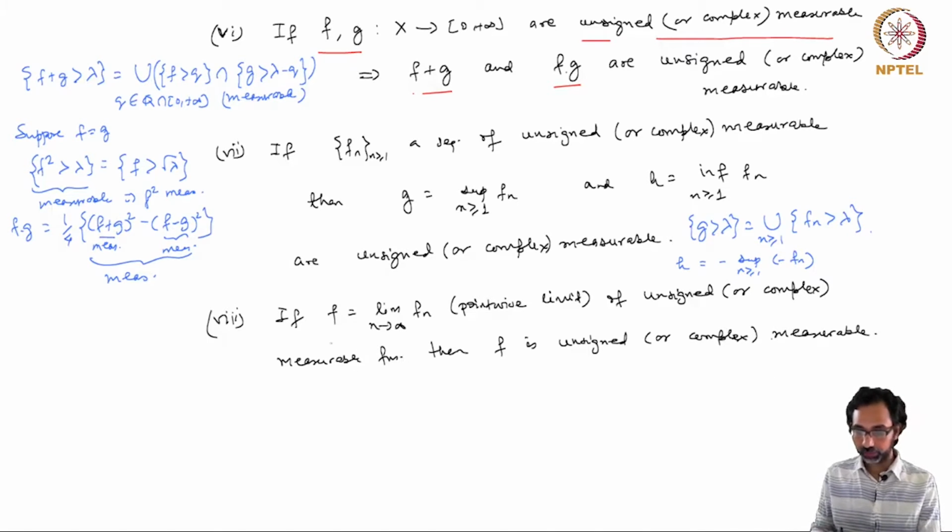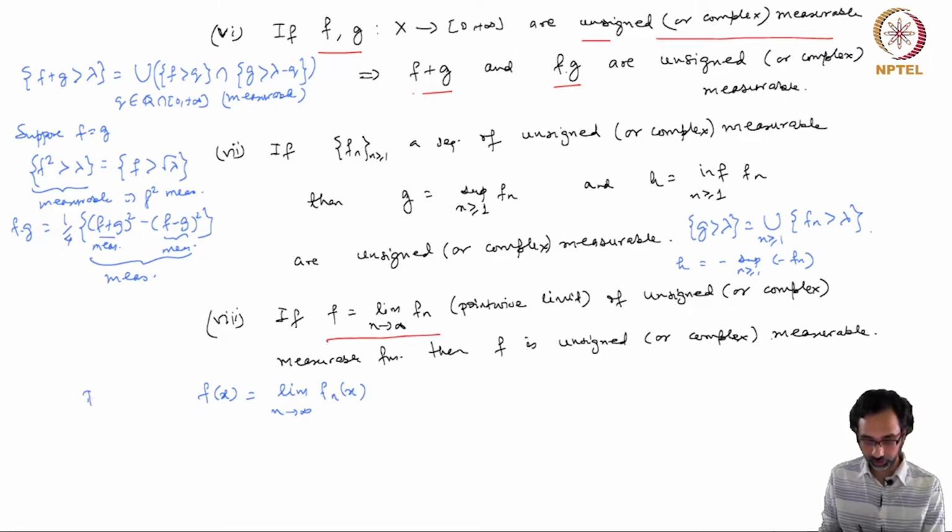Now lastly, if you have a pointwise limit of measurable functions, each fn unsigned measurable, then f itself is unsigned measurable. Let's see why this is true. This is simply because f of x is the limit as n goes to infinity of fn of x for each x. The limit is well defined precisely when the lim sup and the lim inf are equal.